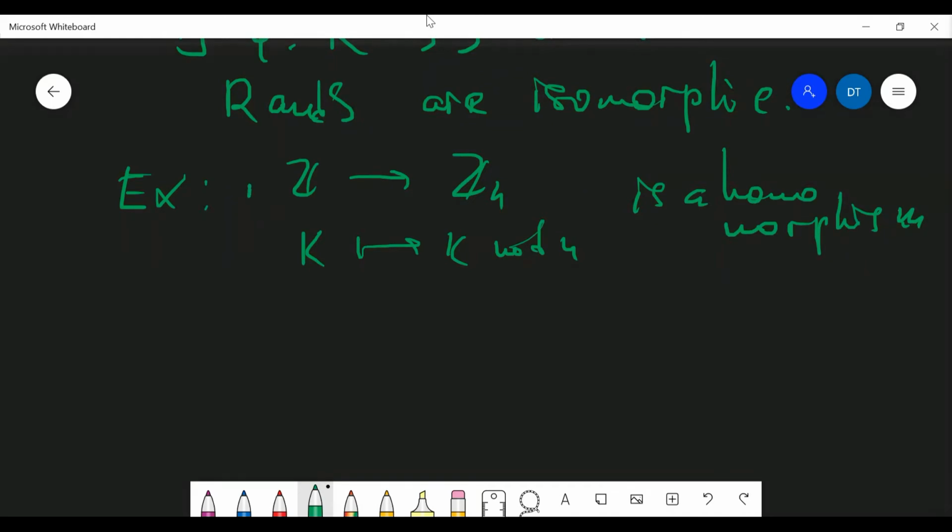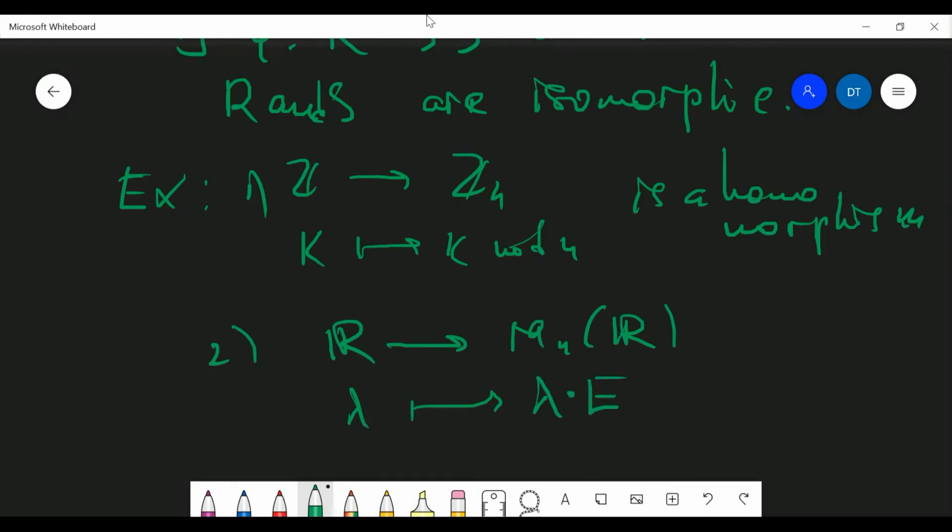Then you may take another example. Let's say R and square matrices with coefficients in R. And we have a map taking each element lambda to a scalar matrix lambda times E, where E is the identity matrix. This is also a homomorphism.